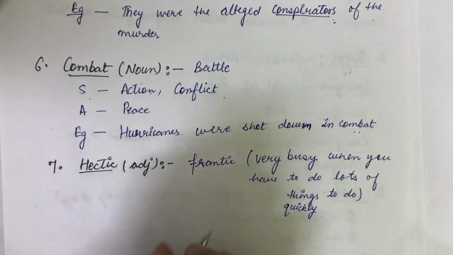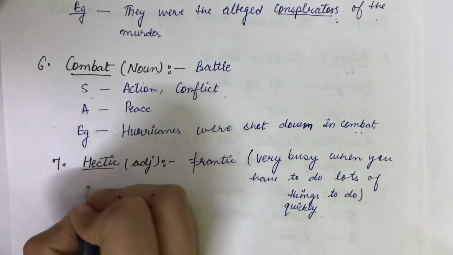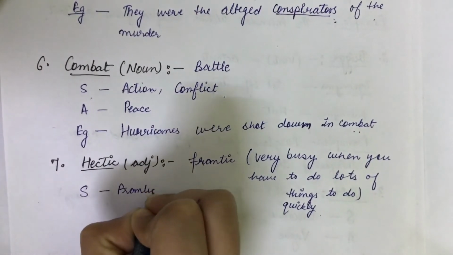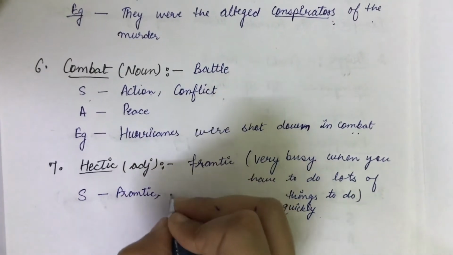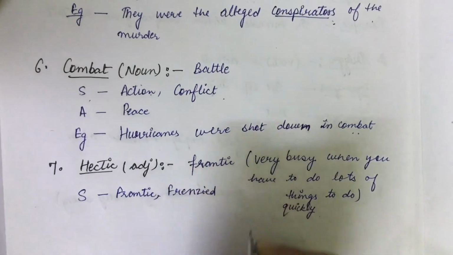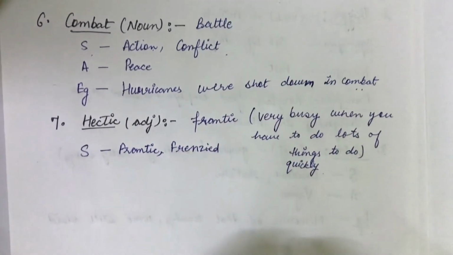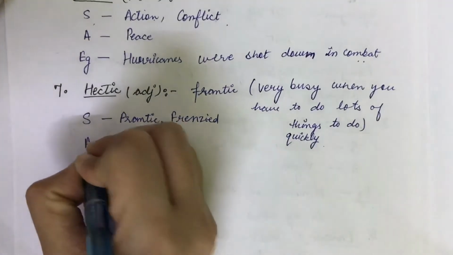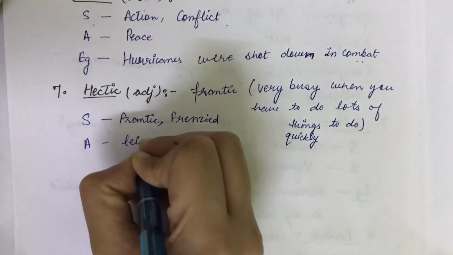What are the synonyms of this word? One is frantic, as written above. The next word is frenzied, which means the same as hectic. What is the antonym of this word? Leisurely.